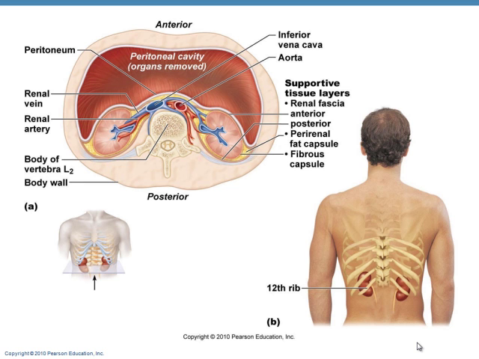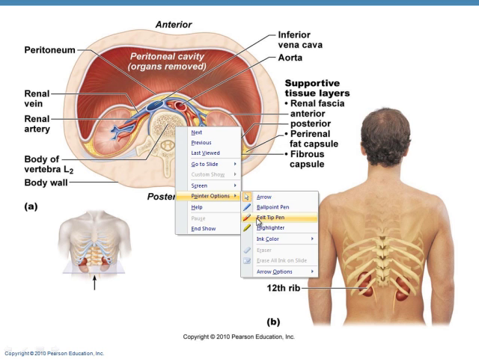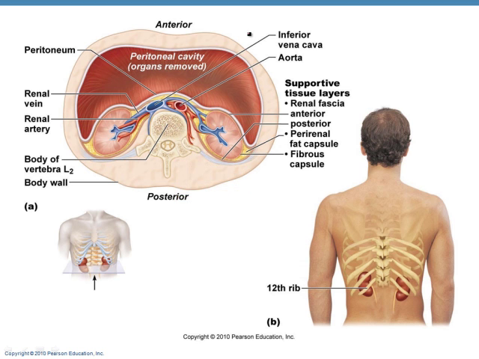the kidneys themselves. Now, remember, what kind of organs are these? They are retroperitoneal organs, which means what? So, here's the diaphragm, and below the diaphragm we have membranes.